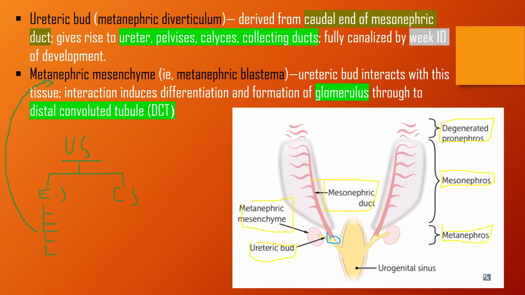Now the second one, the collecting system of the urinary system. It has components like the ureter, pelvis, major and minor calyces, and the collecting duct. These are derived from the ureteric bud. So it's very simple. Get it?